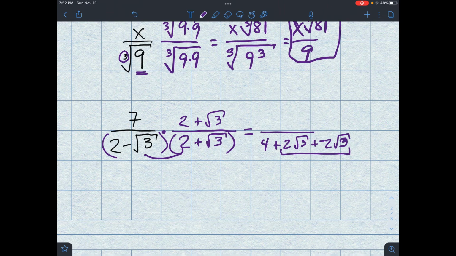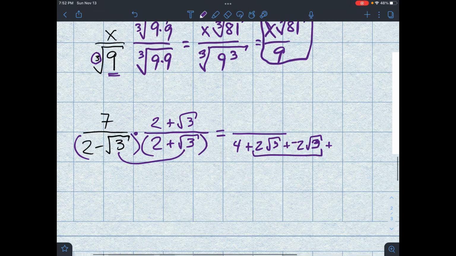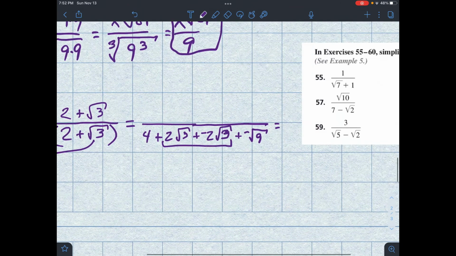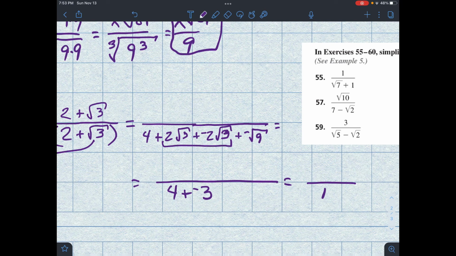Oh, those two things are going to cancel each other. Nicely. And then the last term, radical 3 times radical 3. First of all, notice it's a negative. And we get negative radical 9, which is just a fancy version of 3. So my denominator here ends up to be 4 plus negative 3, which is just 1.